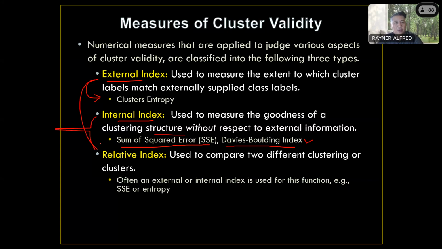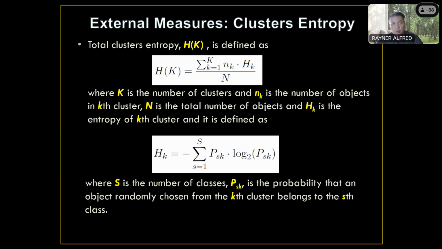Okay, so now we are looking at how to measure the quality of the cluster using the class label that we have. For us to compute the entropy, we have to look at the entropy of each cluster. Entropy refers to how pure the cluster is, pure in terms of class label. We want one cluster to have the same type of item.